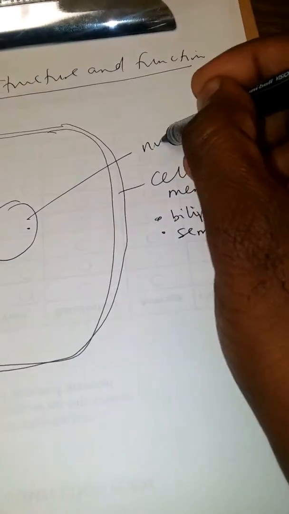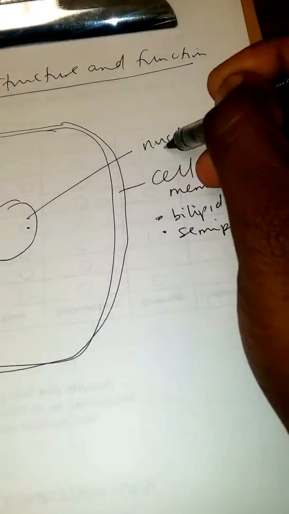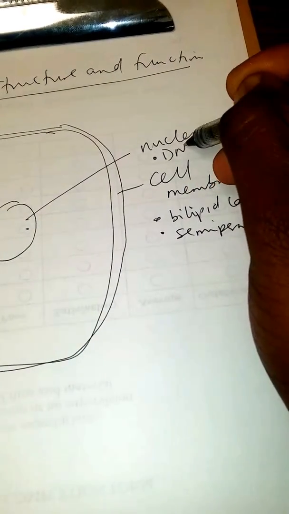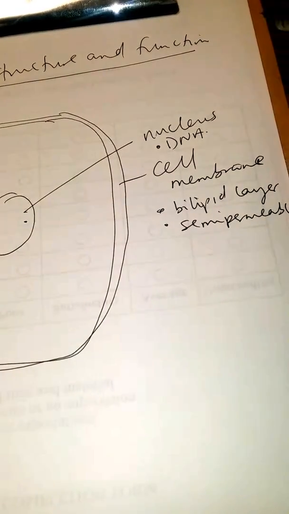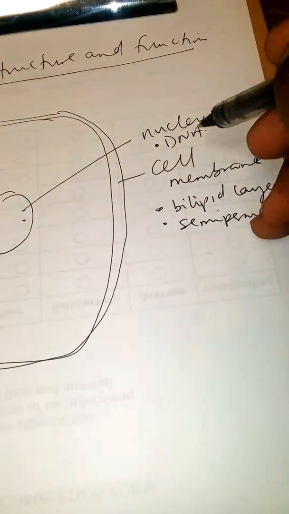We have the nucleus, which contains the DNA, and the DNA is the genetic material of the organism.